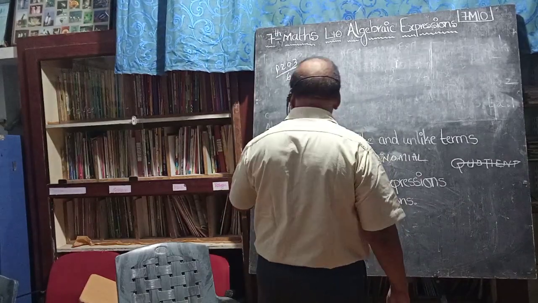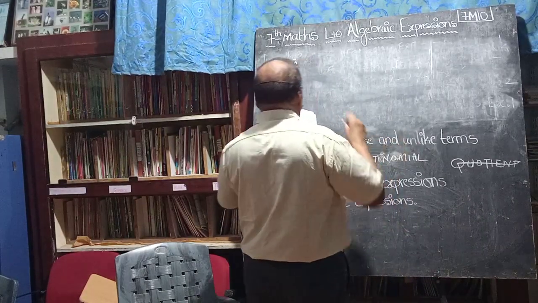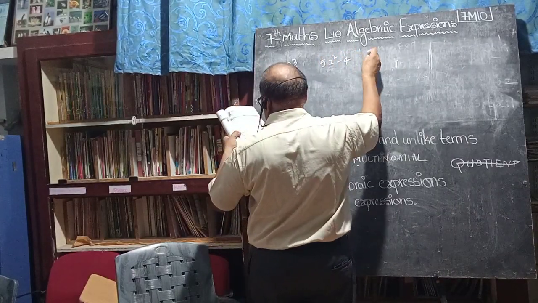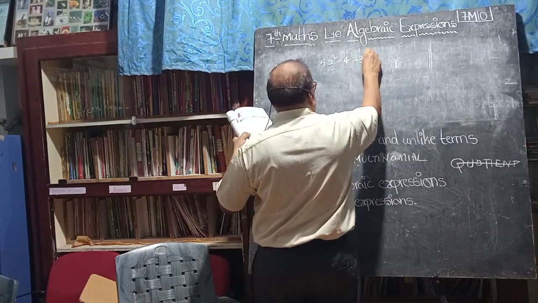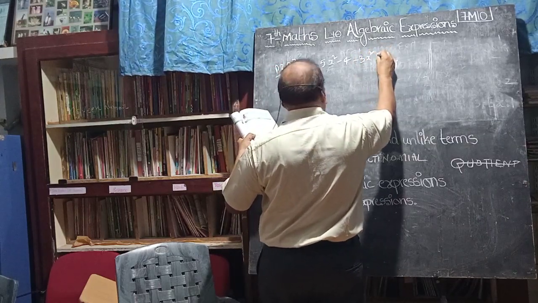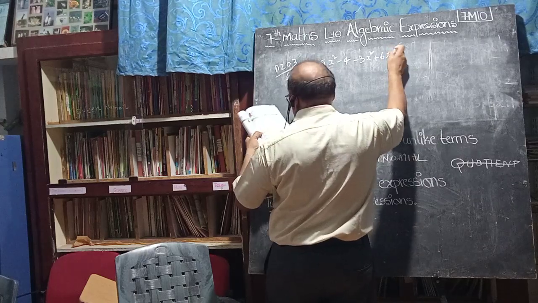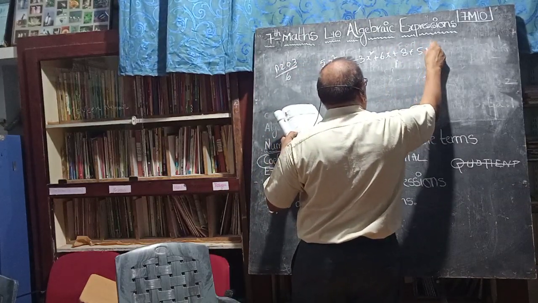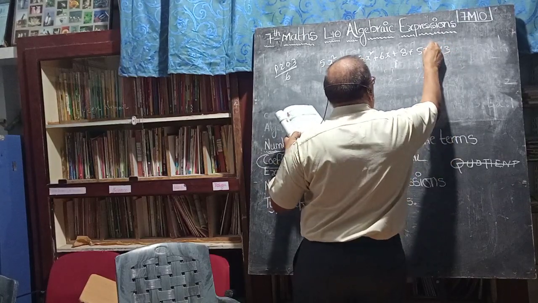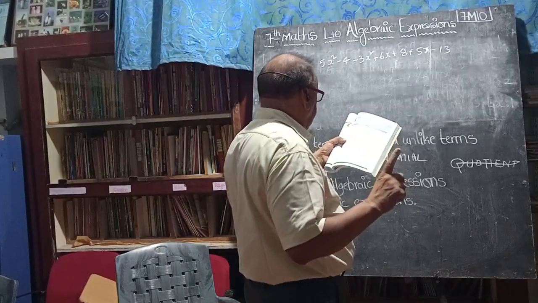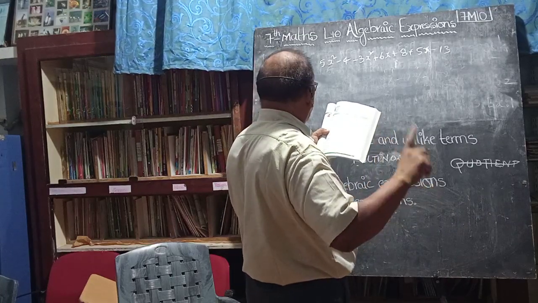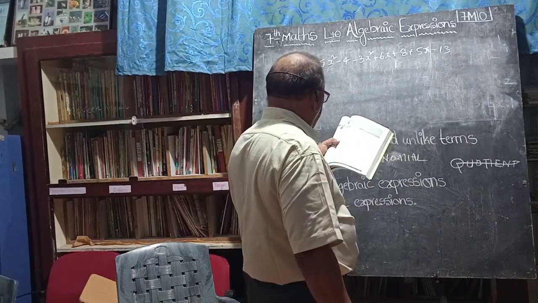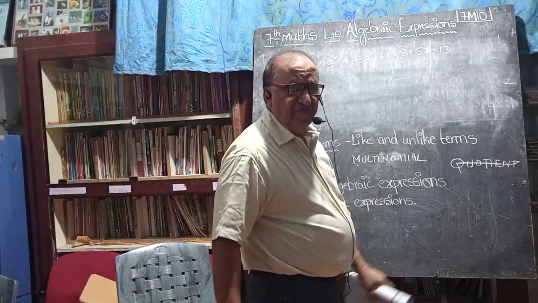Write the expression 5x square minus 4 minus 3x square plus 6x plus 8 plus 5x minus 13 in its simplest form. Find its value when x is equal to minus 2.